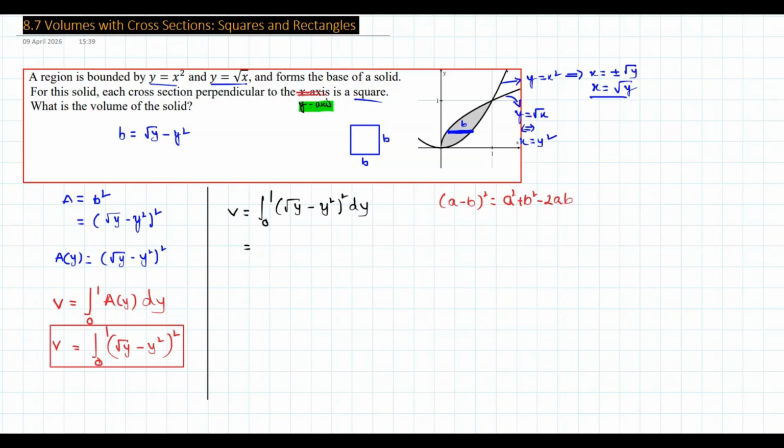Expanding, we get the integral from 0 to 1 of (square root of y) whole squared minus 2 times square root of y times y squared plus (y squared) whole squared dy.